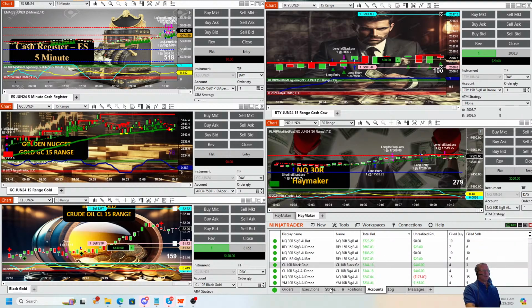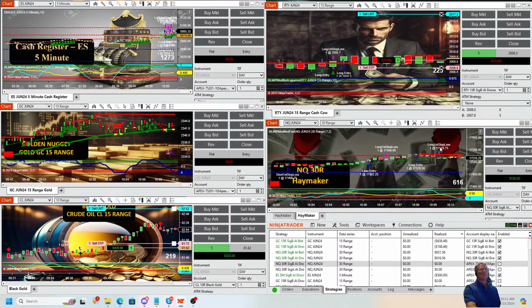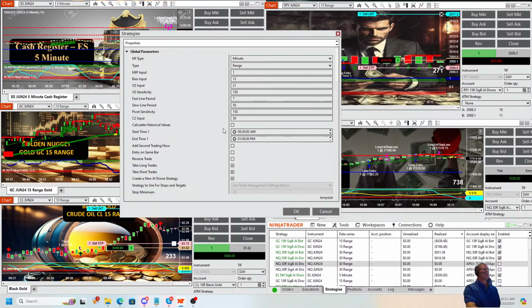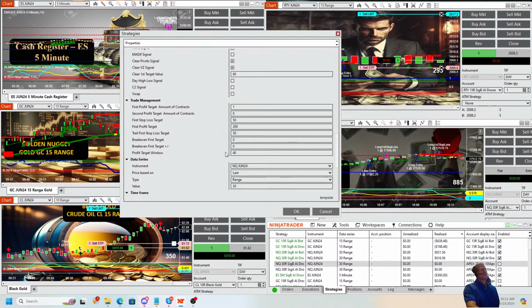So during this break, I think I'm going to put on my trailing stop on that 30 range signal B. In the strategy parameters, there's a number of different ways we can manage these trades. I have a profit target window of 40, meaning if I come within 40 ticks of my profit target, which in this case would be 160 in my favor, it would be a profit of $800.